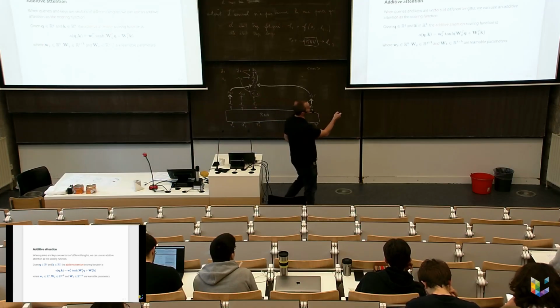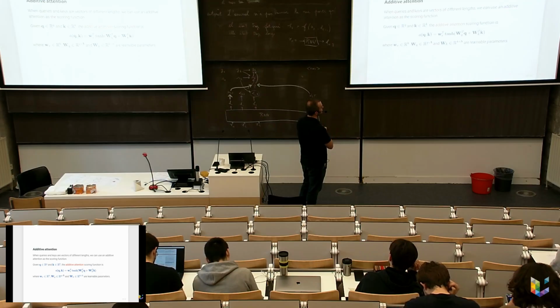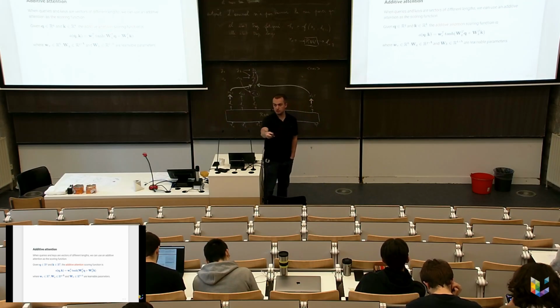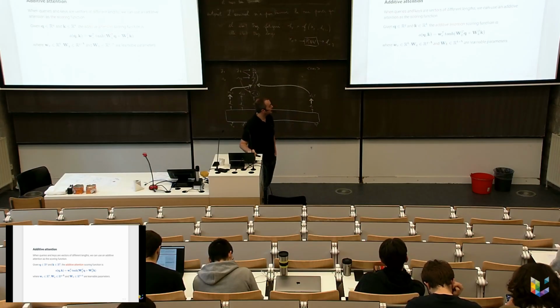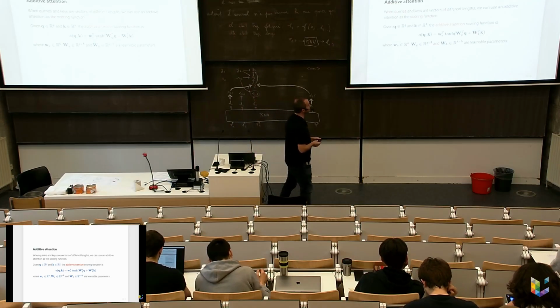So you have the query vector, you project it by multiplying it by this matrix, and that will give you a vector of size h. You do the same for the keys. You map them to h-dimensional vectors. And now that both the key and the query are h-dimensional vectors, you can sum them. So that's what you do in additive attention. You sum them. That gives you a new vector of size h.